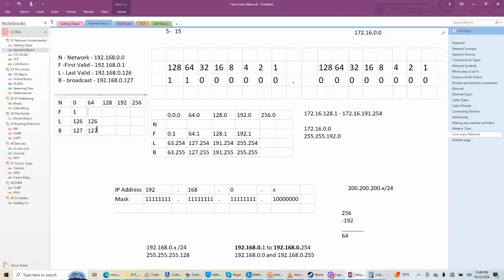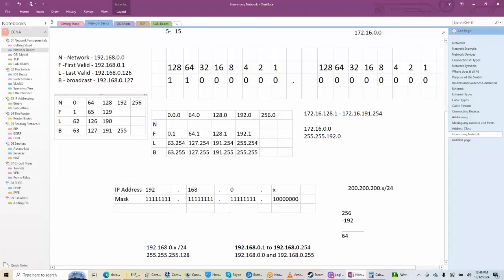And this is going to be 65. Since 64 is the next network, this is going to be a broadcast of 63. There's 62. And then 1. Next, 191, 190, 129.